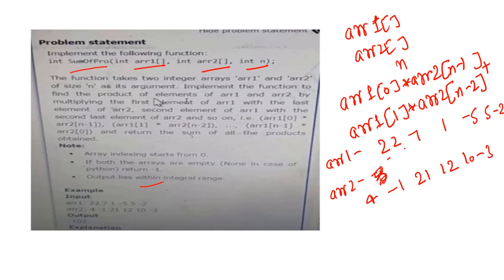So what you have to do is multiply this 22 by -3. That will give us -66. You have to multiply this 7 by this 10. That will give us 70. You have to multiply this 1 by this 12. So we'll be getting 12. You have to multiply this -5 by this 21. So we'll be getting -105.